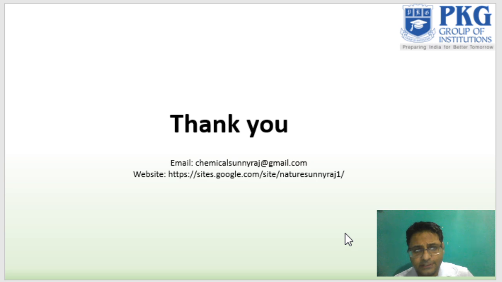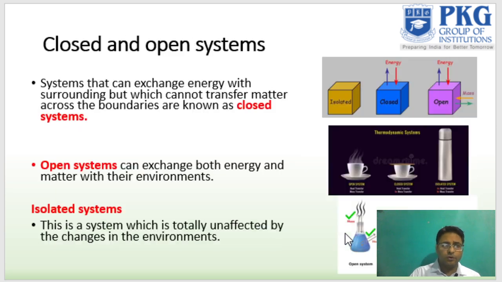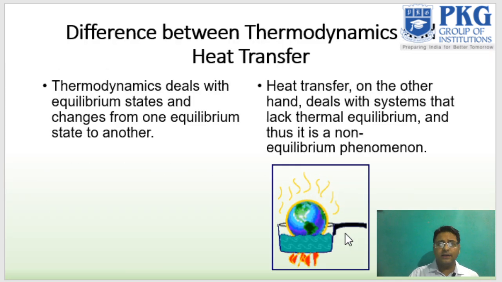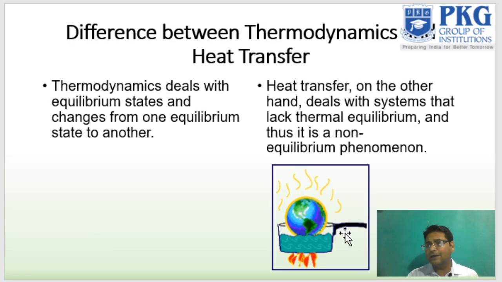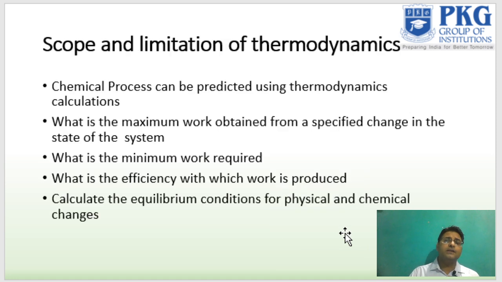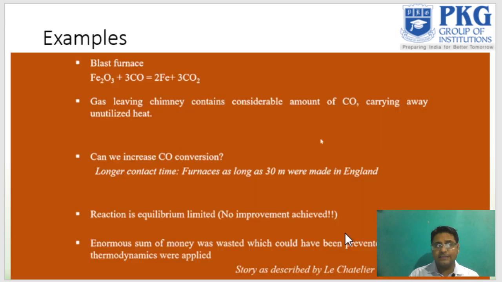So today we have discussed 3-4 topics. The first is the fundamentals, what is thermodynamics, and the second is the difference between thermodynamics and heat transfer, and the scope and limitations of thermodynamics. Then how we can utilize thermodynamics for different chemical processes, for example in the blast furnace, where iron oxide is reduced into iron.